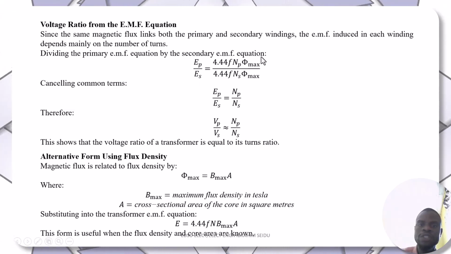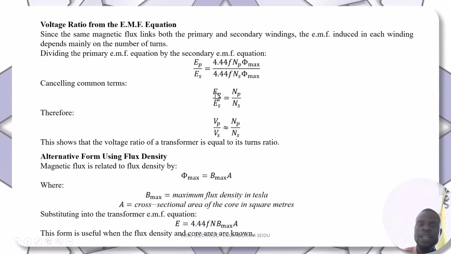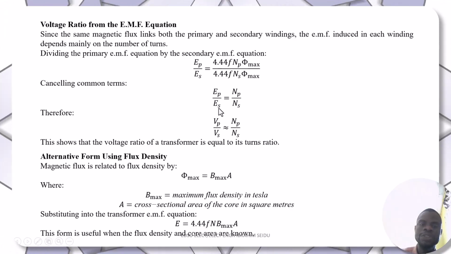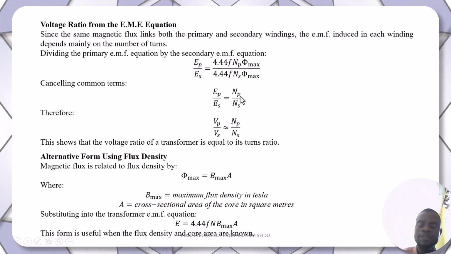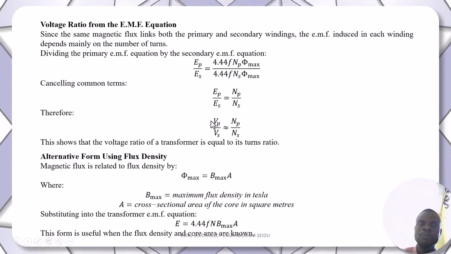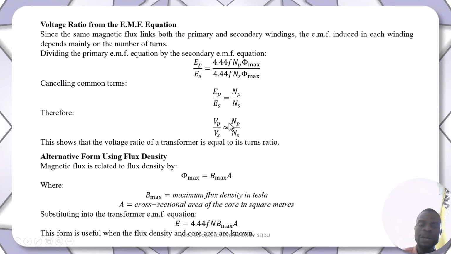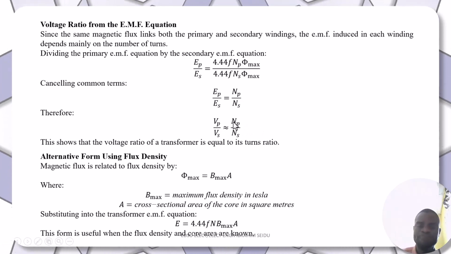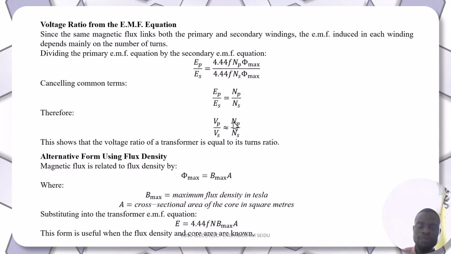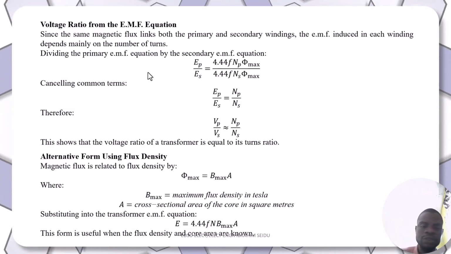If this is denoted as the primary and this as the secondary, then the voltage induced in the primary divided by the voltage induced in the secondary equals the primary turns divided by the secondary turns, which means our primary voltage divided by our secondary voltage is approximately our primary turns divided by the secondary turns.